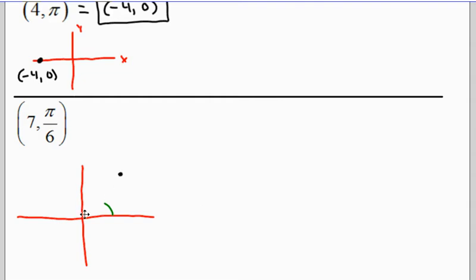Now, if I drew a line out here, that's my r is 7 and my angle is pi over 6. I could drop a perpendicular line down here to the x-axis and make a triangle, and then I could find the x and the y that get me to that point if we're thinking in an xy plane. Looking at this, x is adjacent, 7 is the hypotenuse, so the cosine of pi over 6 is going to equal x over 7.